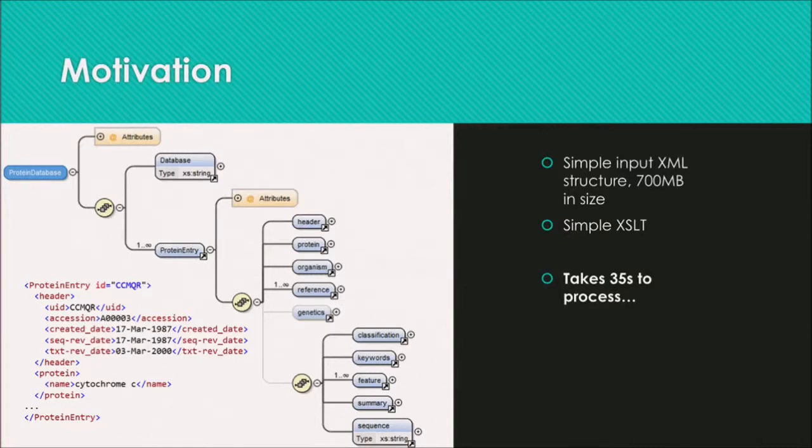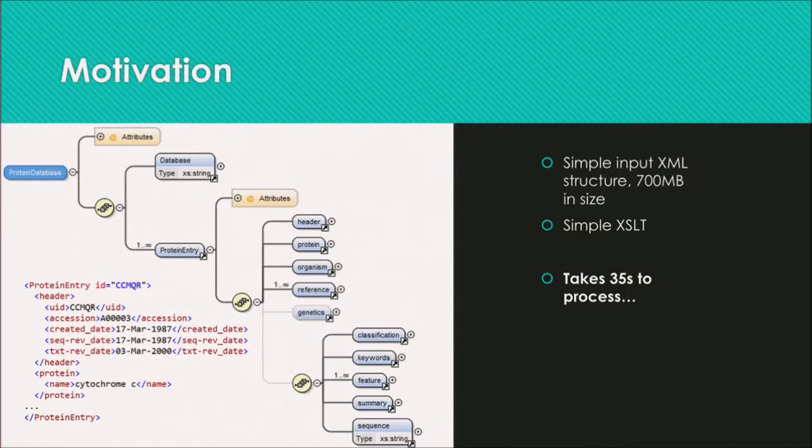But if you write even a very, very simple style sheet, it will take quite a long time to process the document. It's about 35 seconds for the example style sheet I've used for these measurements, which just picks some data from the document and throws away everything else.